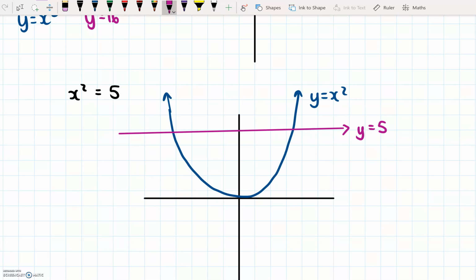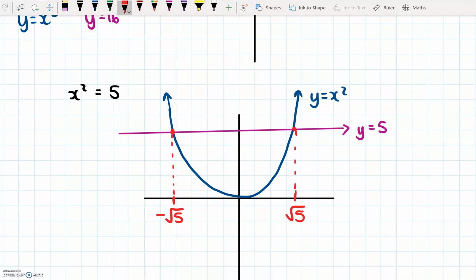We are looking at where these intersect. We're looking at the intersection points. That's what we call these. Where these lines meet is called the intersection. And what we find here is that these two lines meet at negative square root of 5 and square root of 5. So this is what we're finding when we do this.